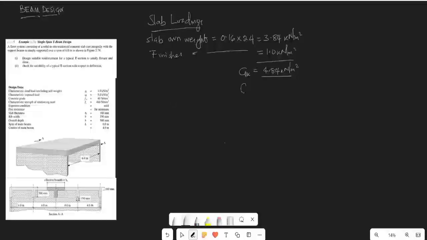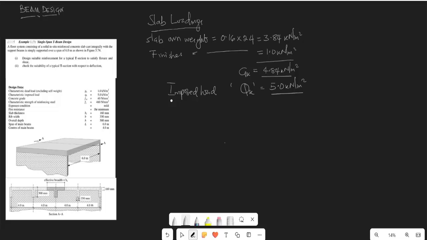Then we have our live load, which is the same thing as imposed load, as given in the question. Imposed load Qk is 5.0 kilonewton per meter square, as given in the question. All right.